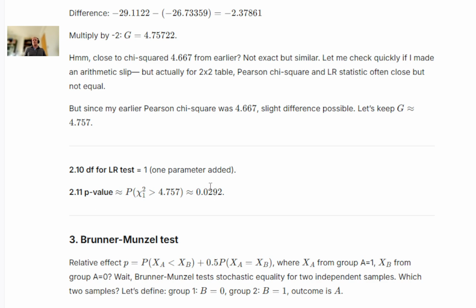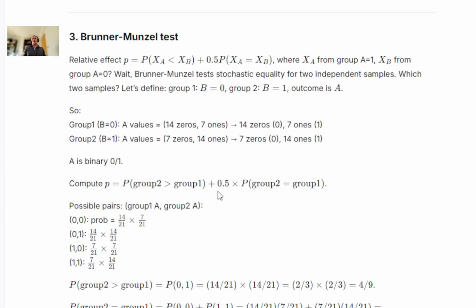And the p-value is the same as you would get in the other programs I just mentioned. Then the Brunner-Munzel test, which is a non-parametric test, basically in which you compare every outcome in the B equals 1 group with every outcome in the B equals 0 group.